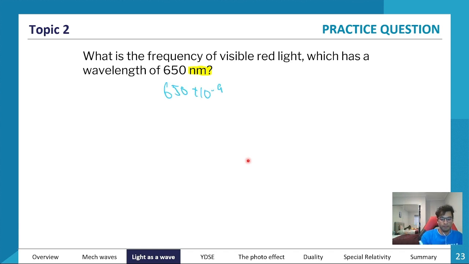We also know that velocity is equal to frequency times wavelength. The velocity of light is always constant, which is 3 times 10 to the 8.